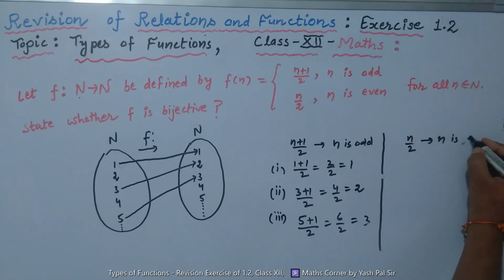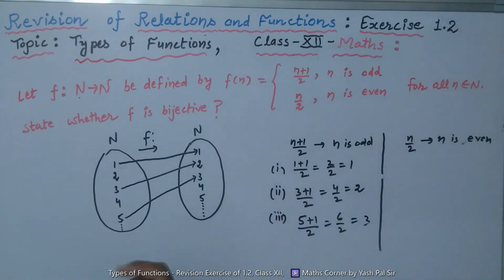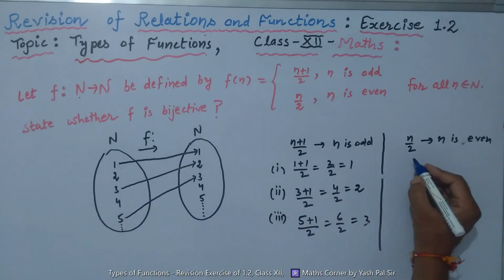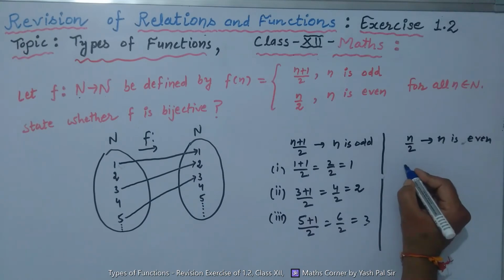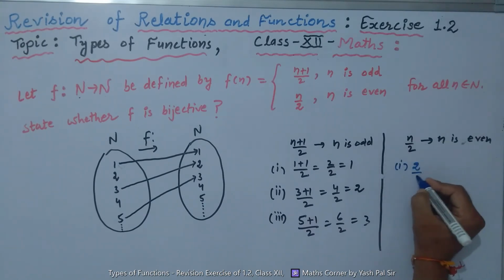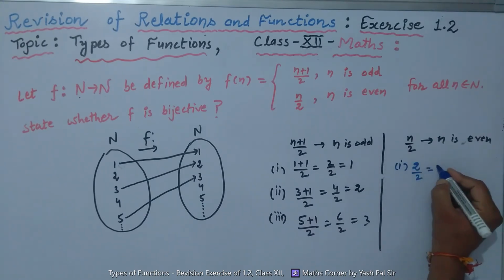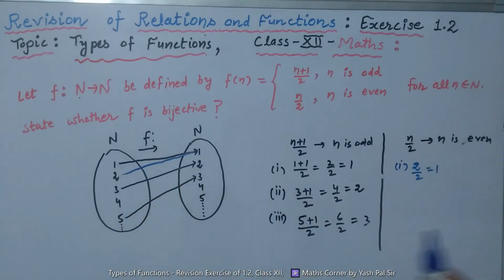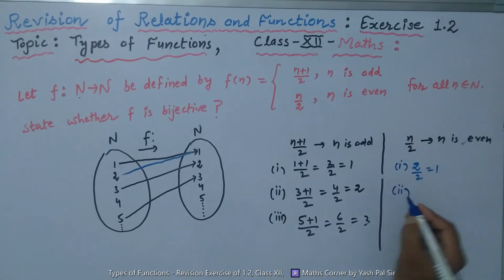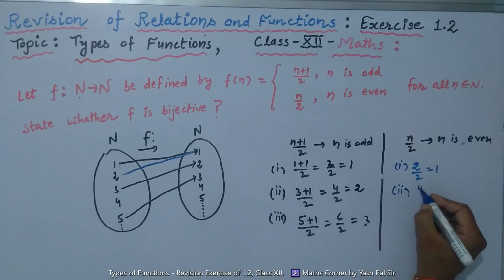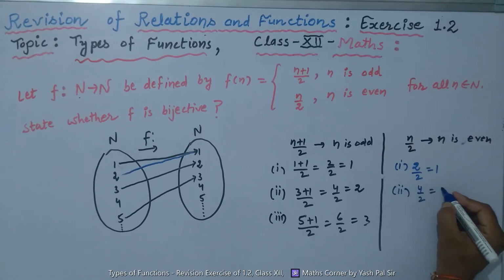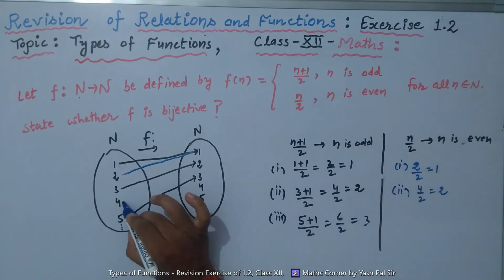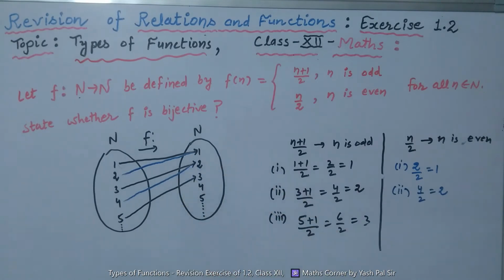So we take the first even number, 2. 2 upon 2 is equal to 1, so the image of 2 is also 1. The second even number is 4. 4 upon 2 is also equal to 2, so the image of 4 is 2. Likewise, we can proceed further.